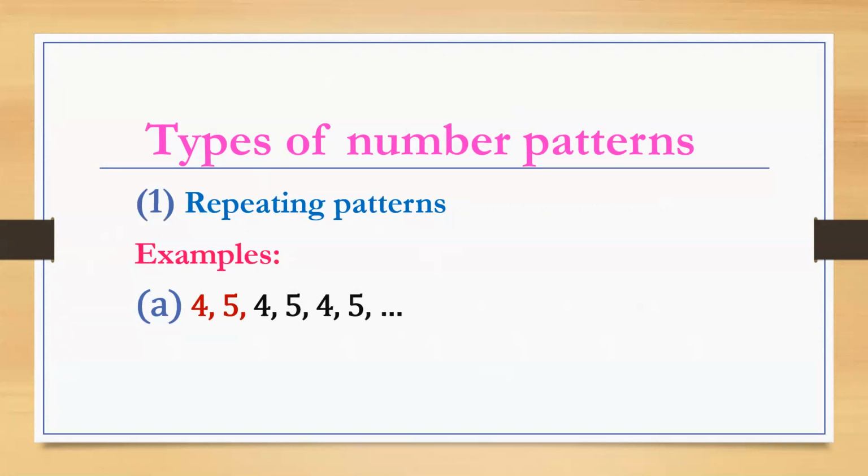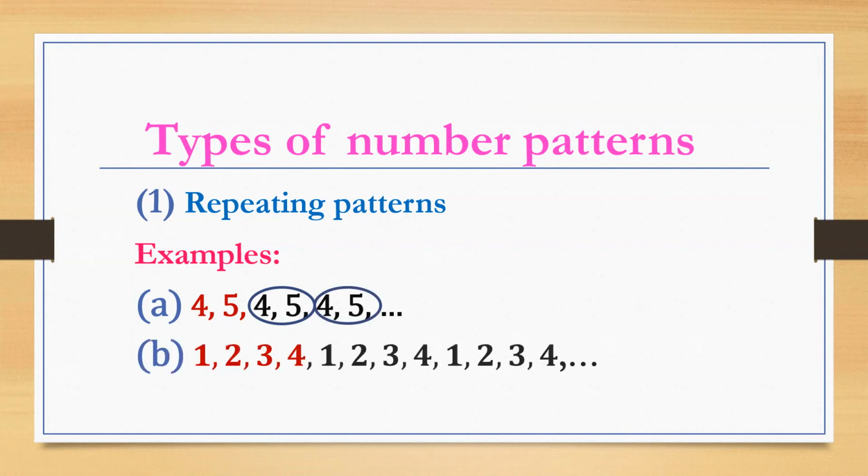So we can see here that 4, 5, 4, 5 are being repeated. Second example, 1, 2, 3, 4, 1, 2, 3, 4, 1, 2, 3, 4. So the numbers 1, 2, 3, 4 are being repeated in a regular way. These are repeating patterns.